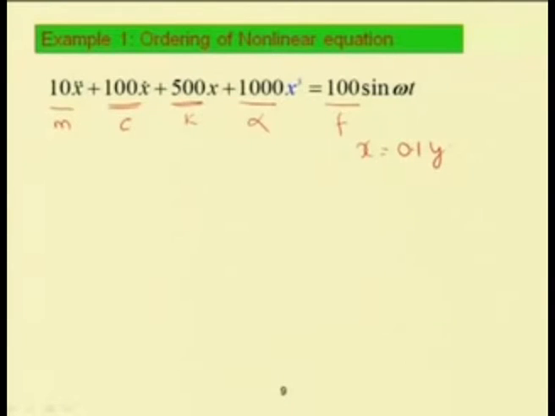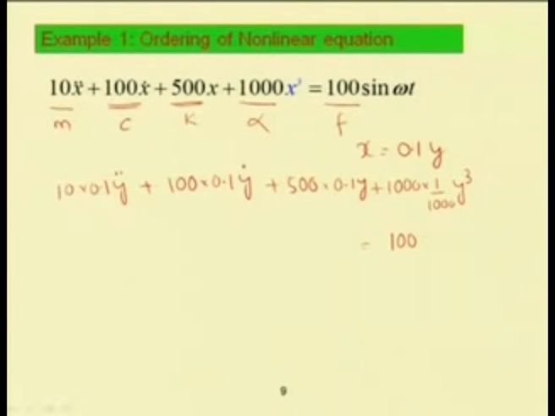Then this equation reduces to 10 into 0.1 y double dot plus 100 into 0.1 y dot plus 500 into 0.1 y plus 1000 into 1 by 1000 y cube, equal to 100 sin omega t.